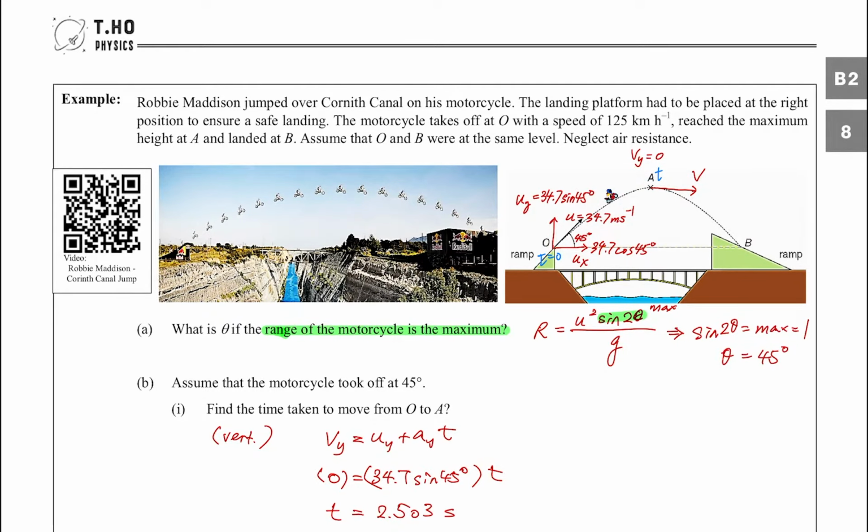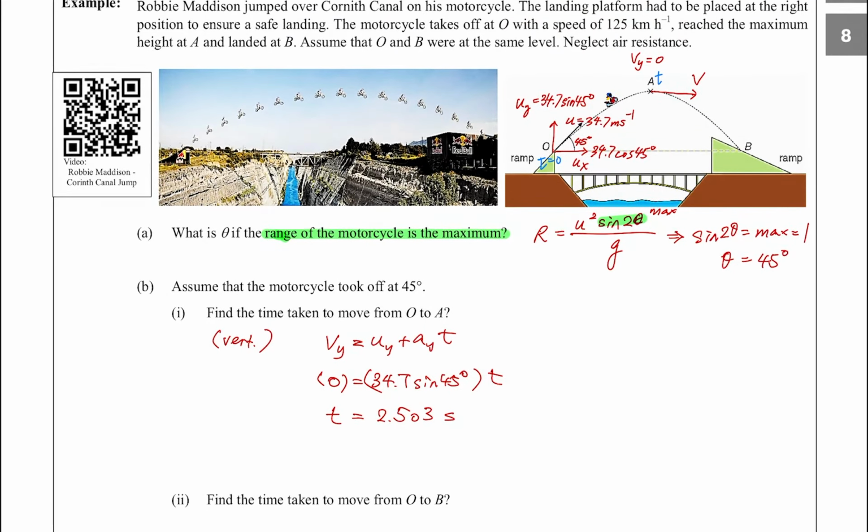Part 2, we would like to know the time taken for the motorcycle to move from O to B. That is, from the starting point, go through point A, and then to point B. We can see that in this example, we are talking about the special case. So it is symmetric about the highest point.